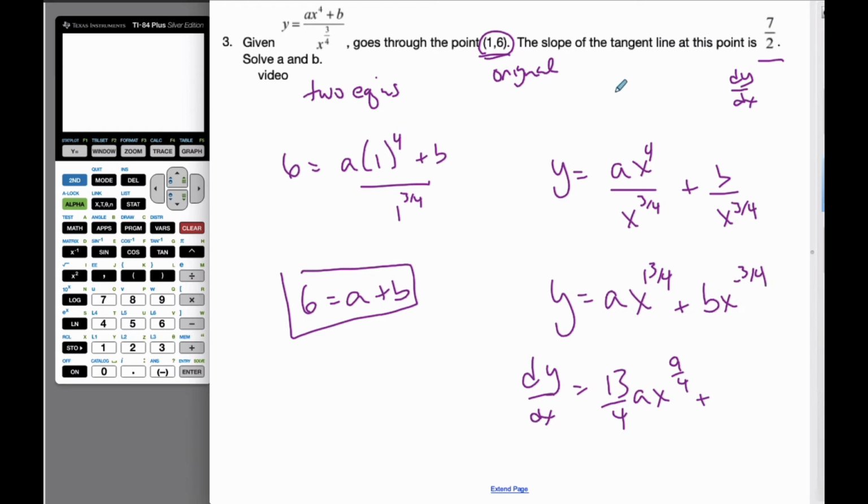Plus, the negative 3/4 comes down, so negative 3/4 bx, and I subtract 1 from here, so 4/4. So that's going to be negative 7/4.